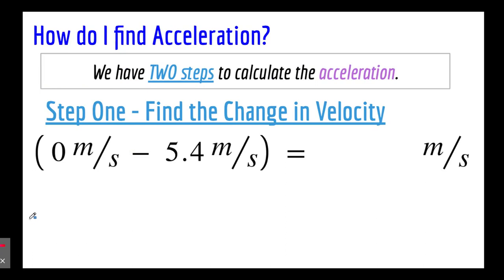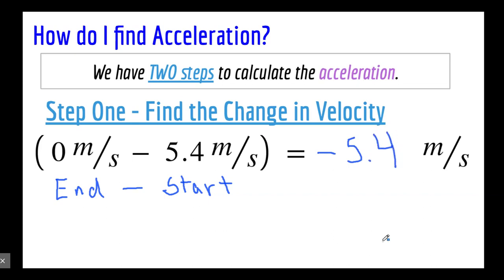To calculate change in velocity, we have our ending velocity minus our starting velocity. Our ending velocity is 0, and our starting velocity is 5.4 meters per second. 0 minus 5.4 is negative 5.4 meters per second.